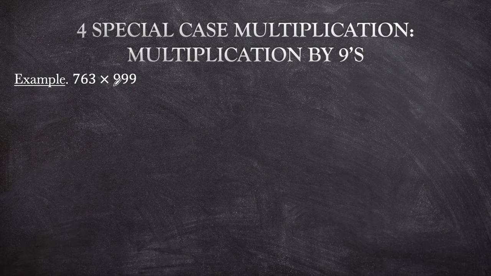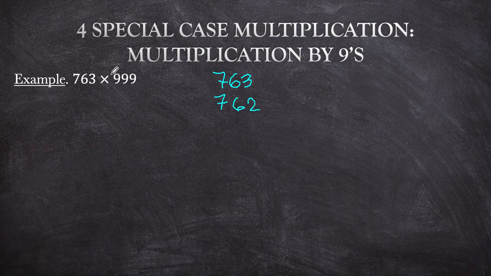Since they have the same number of digits, what we're going to do is write 763 first, and then right after that we subtract 1, by one less than the one before. So we minus 1 here, and that becomes 762.